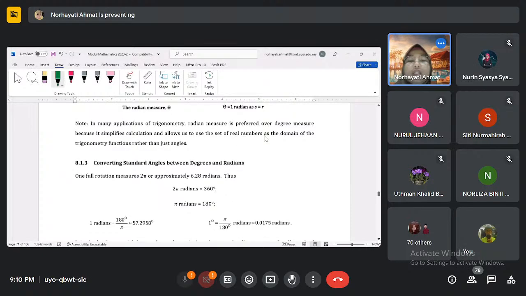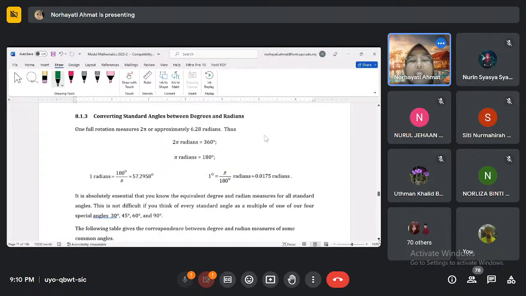So how to convert degree to radian and radian to degree? You need to memorize this. Pi radians is equal to 180 degree.